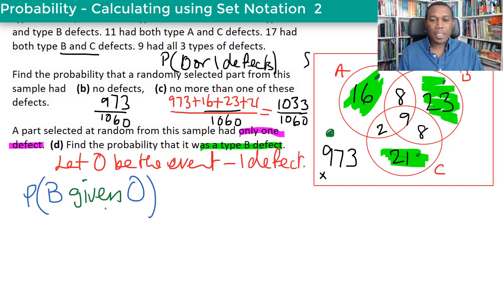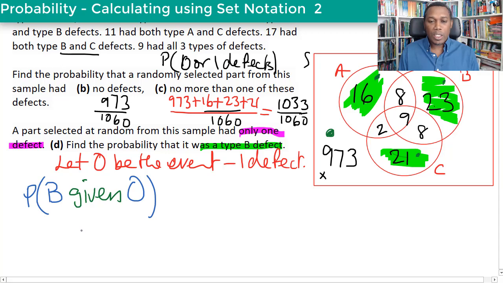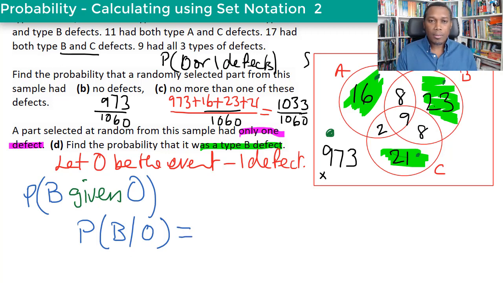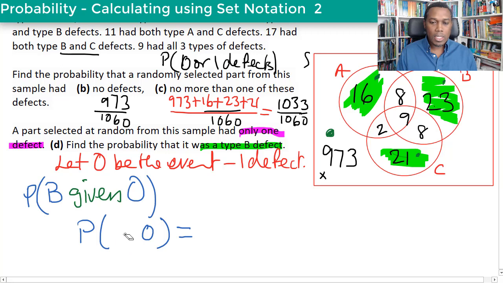And instead of the word given, the symbol we use, this is how we would write it: P, the probability of B given, a straight line going down, O. That's the notation for conditional probability. And just to be clear, it has to be a straight line. This is B given O.